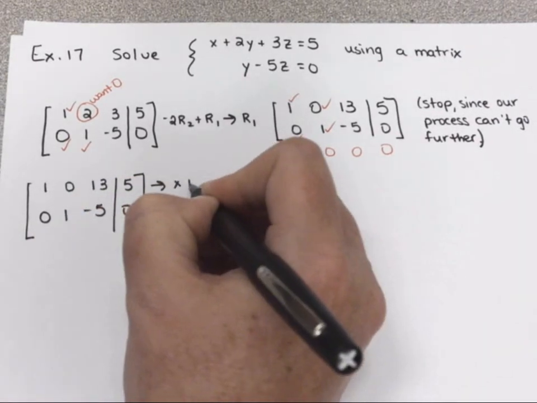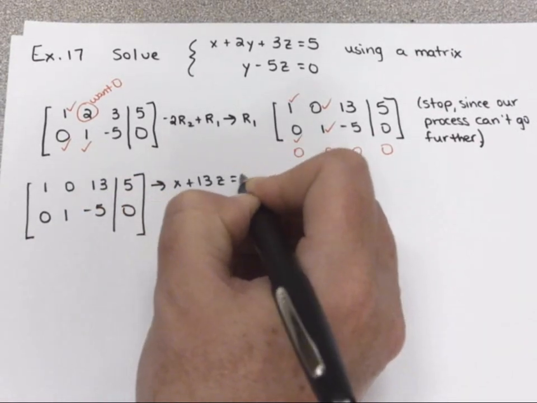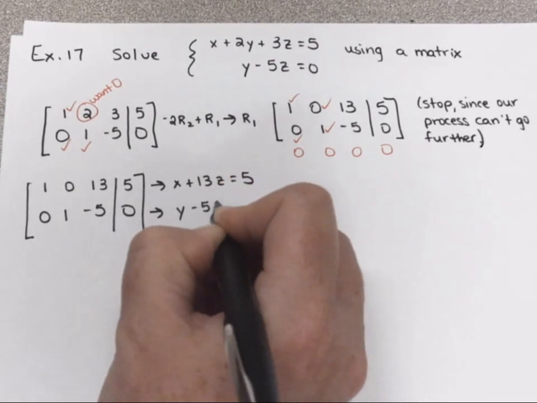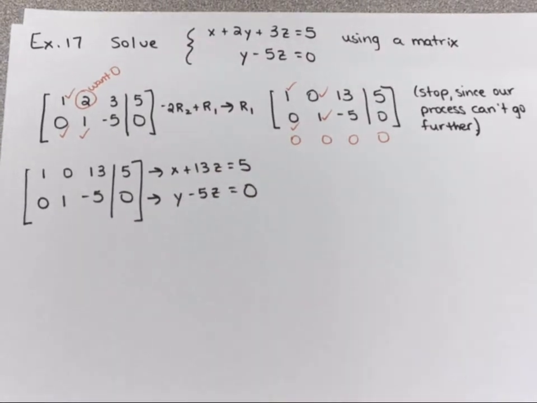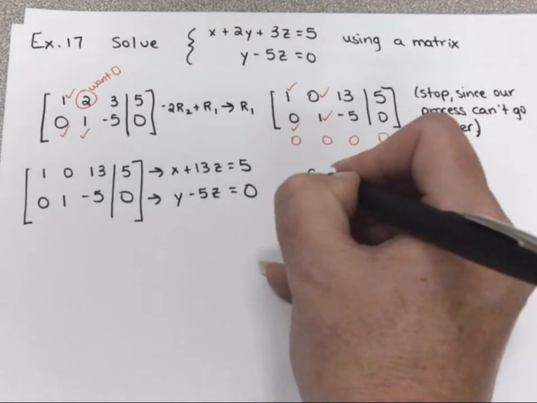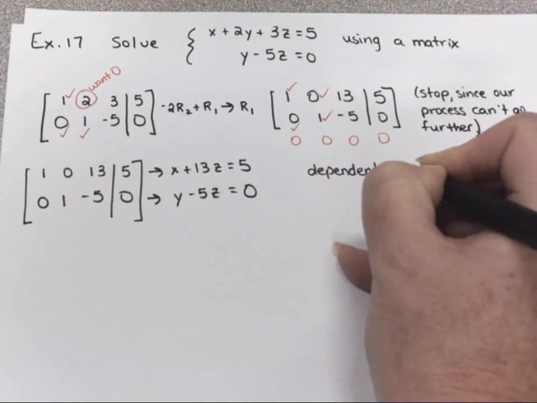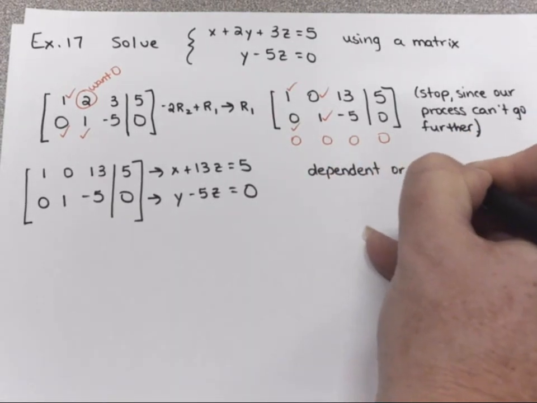I got x plus 13z is 5, and y minus 5z equals 0. And I essentially got a row of all zeros, right? So what's my conclusion then? This is dependent, or what kind of solutions? Infinitely many solutions.